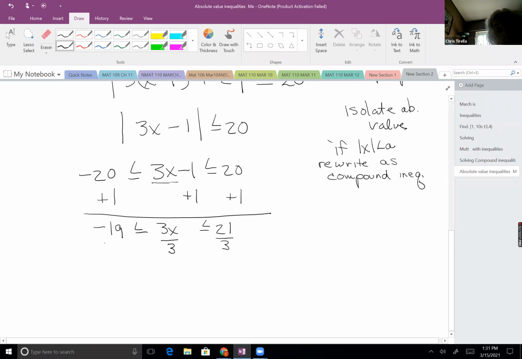And again, we have to do that to all 3 parts of the inequality, giving me negative 19 thirds is less than or equal to x is less than or equal to 7. And again, we've got to make note of the fact that that 3 that we divided by is positive, so that the direction remains the same. And so closed interval from negative 19 thirds to 7 would be my solution.